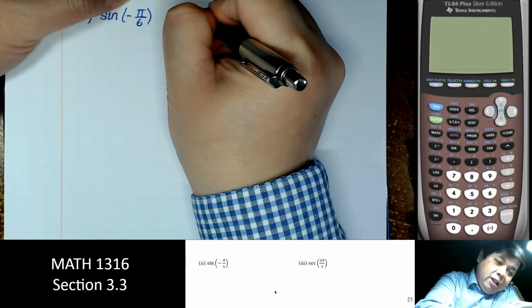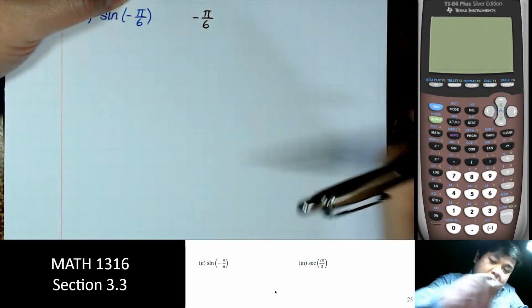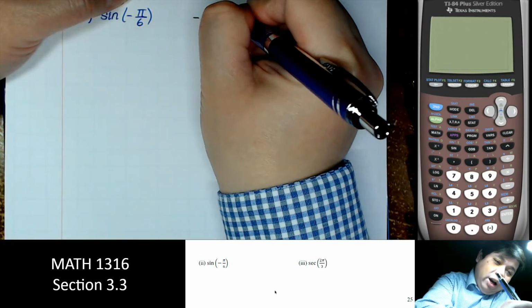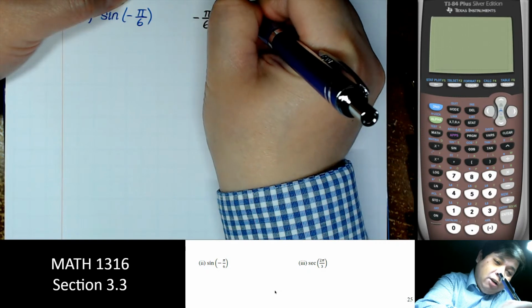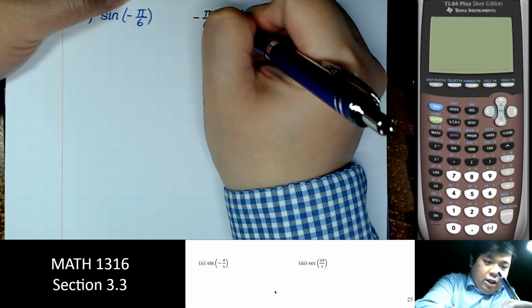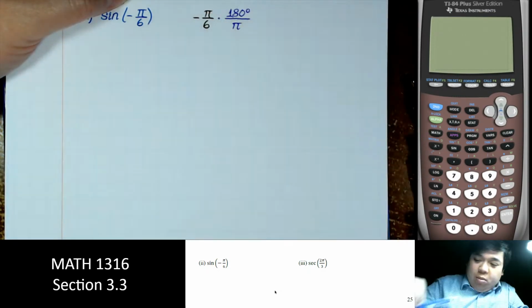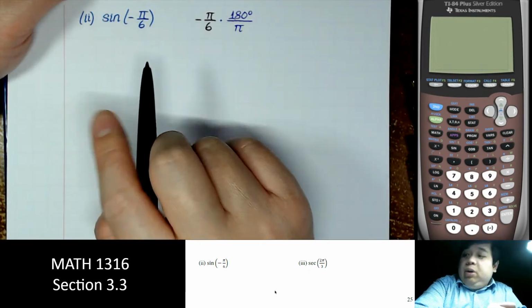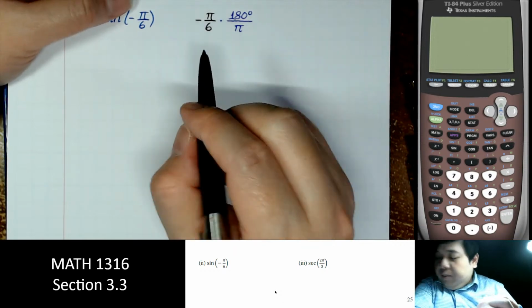Negative pi over 6. If we want degrees, multiply 180 degrees on top because we want degrees, and then put pi radian at the bottom. So that's how we go from radian to degrees.